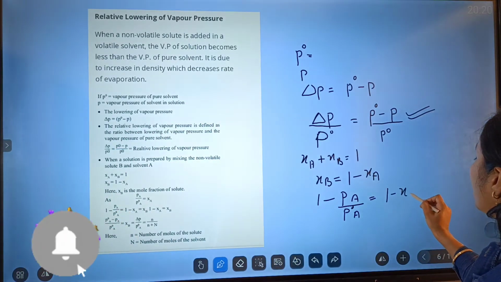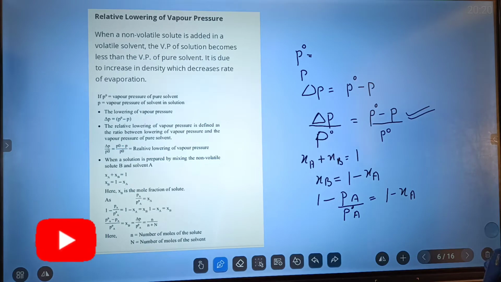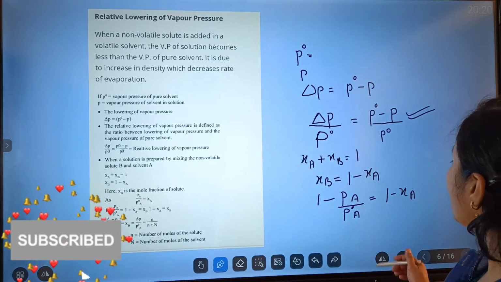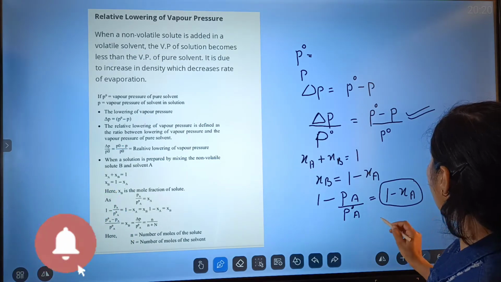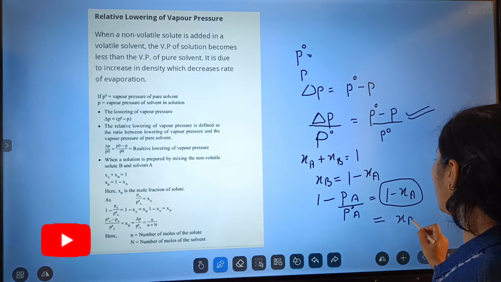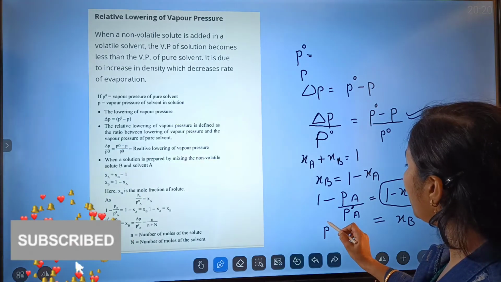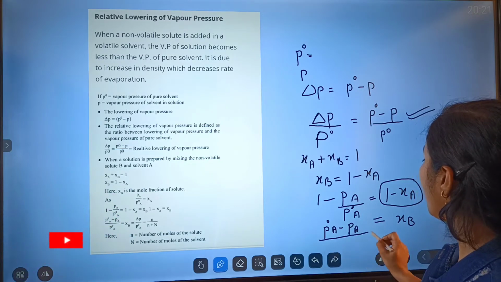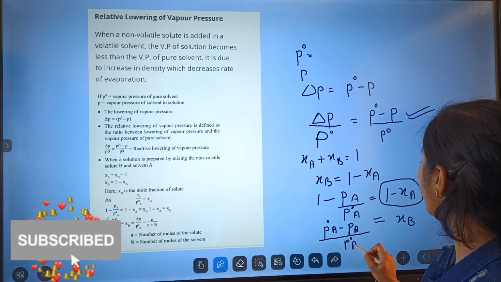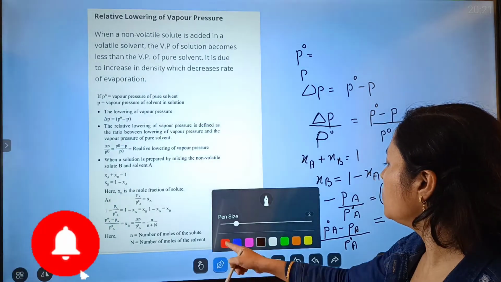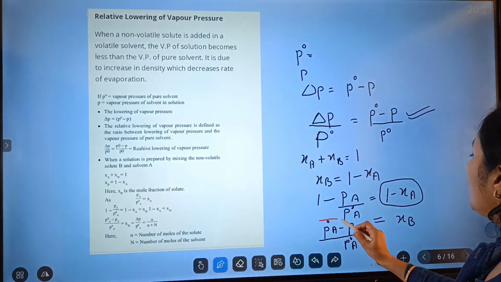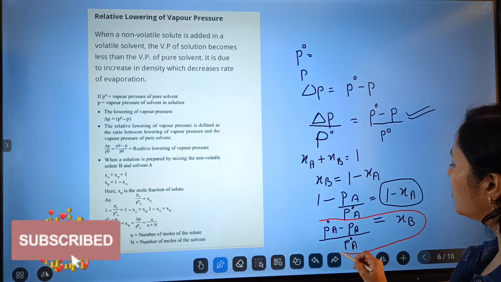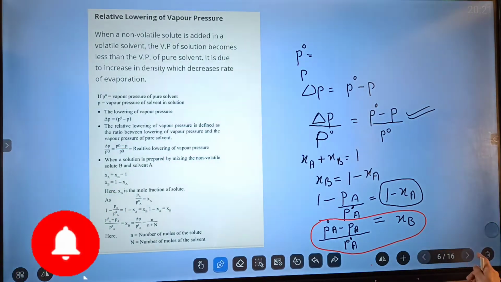Similarly, we will be subtracting the mole fraction of the solvent XA. After subtracting this 1 minus XA, we will put XB in place of it, and now we will be getting P naught A minus PA upon P naught A. This is our final equation for the relative lowering of vapor pressure.